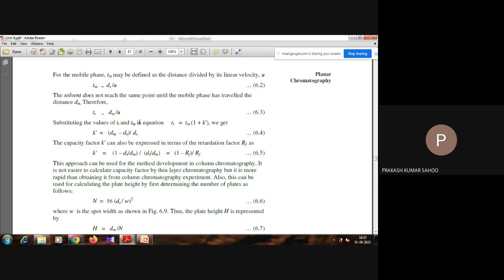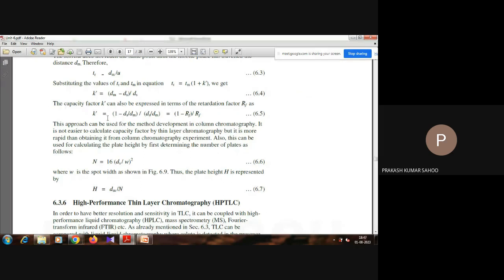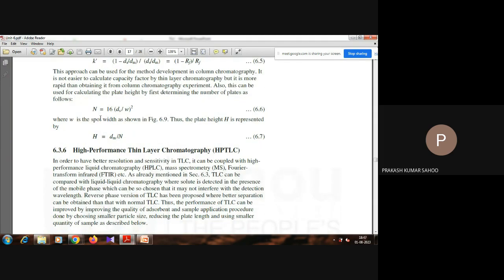Then your last equation will be k dash, that is the distribution constant. This is dm minus ds by ds, and with respect to RF, k prime equals 1 minus RF by RF, and we have this new equation. N is the number of plates, and ds is the distance covered in the stationary phase divided by w, the spot width.